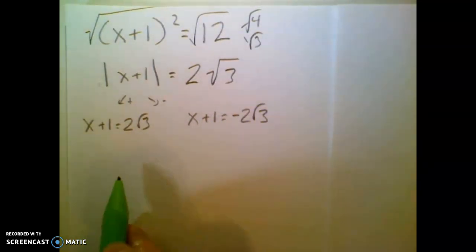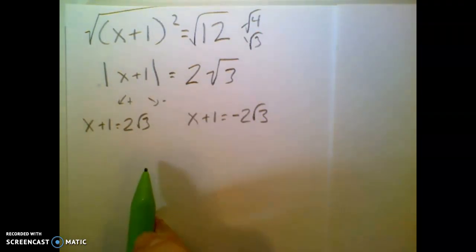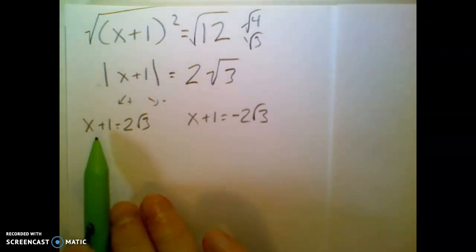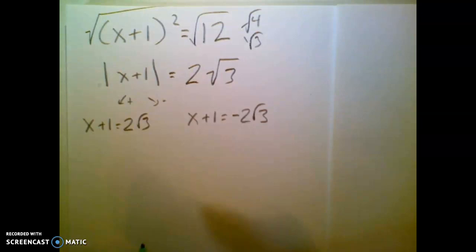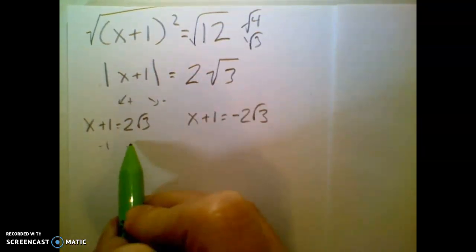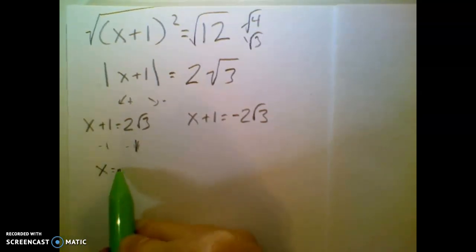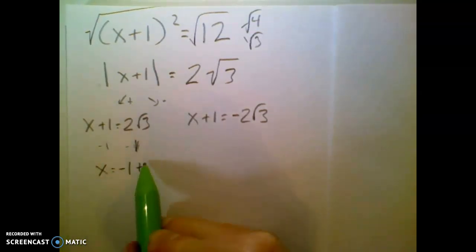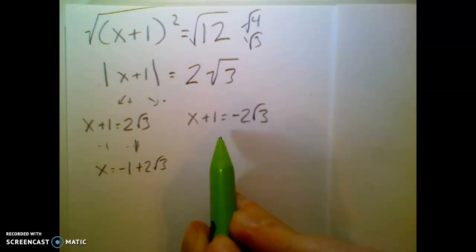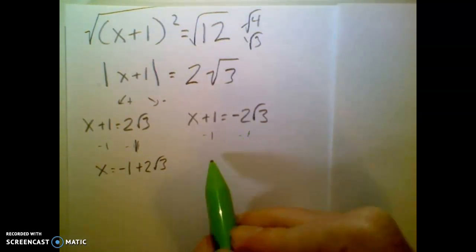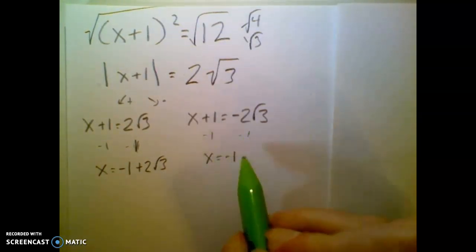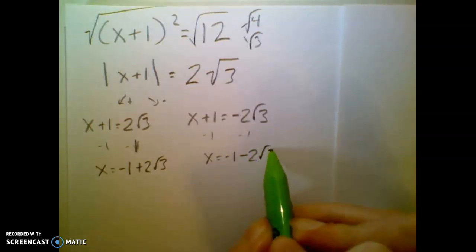All right, so to solve both of these routes, I do the same math on the left side. I need to subtract 1 from both sides. So when you minus 1, you get x equals negative 1 plus 2 root 3. Over here you get minus 1. You get x equals negative 1 minus 2 root 3.